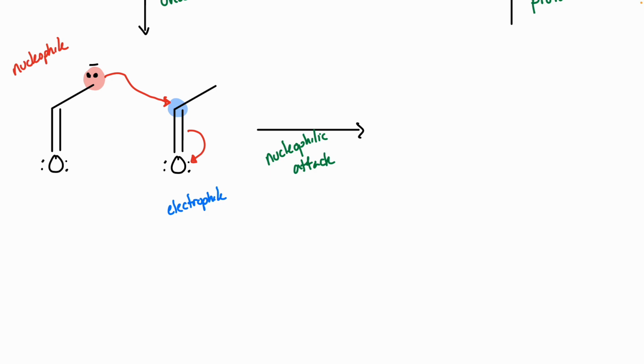I'll leave my dots in place here and show that now I have this new bond between my red and my blue carbon. Because that pair of electrons has jumped up onto that oxygen, now we have a negative charge.